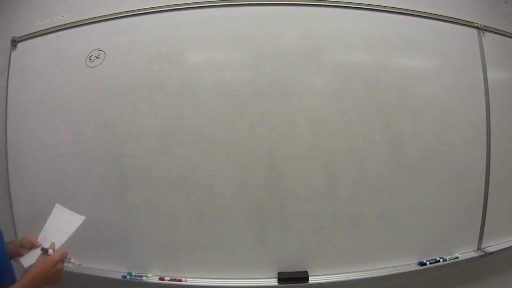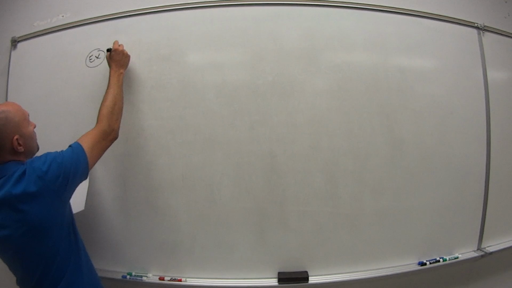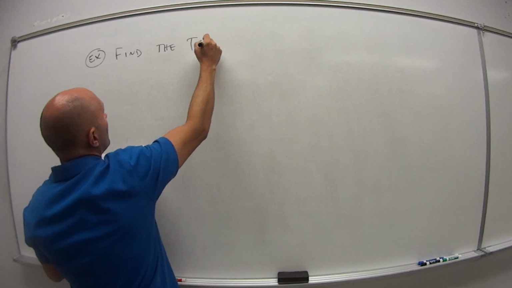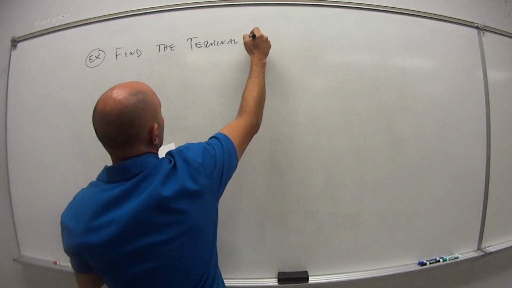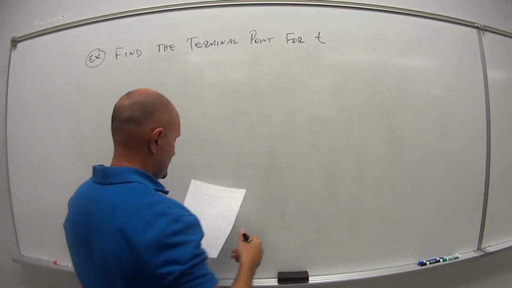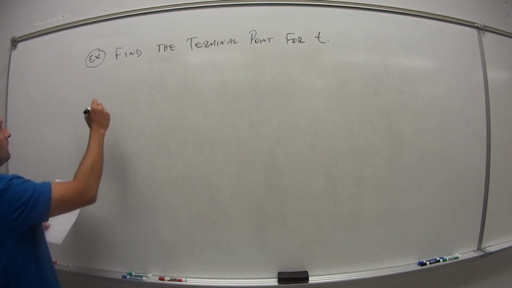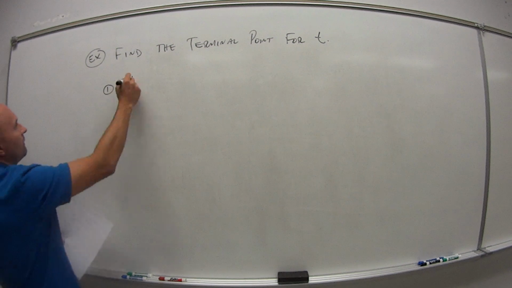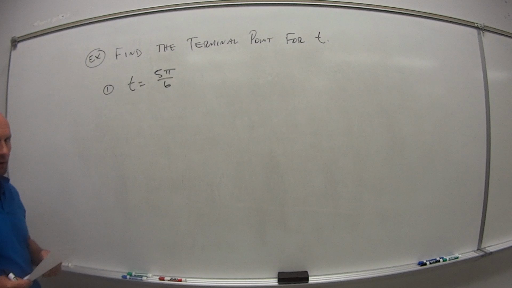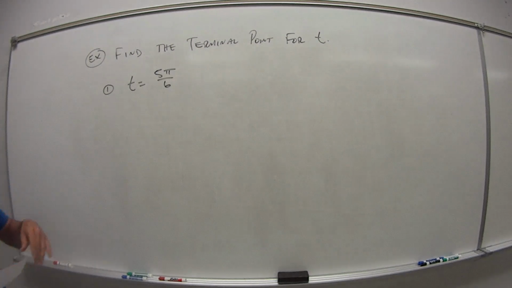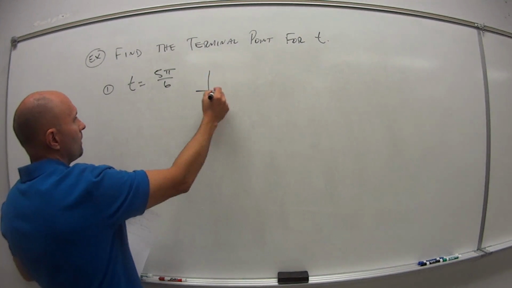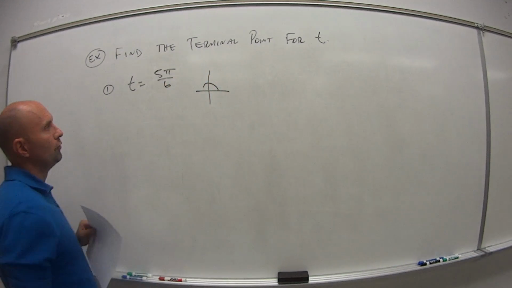All right, so let's look at these examples. Find the terminal point for the given t. So the first one we have, t is equal to 5 pi over 6. We know that ends up in quadrant 2.